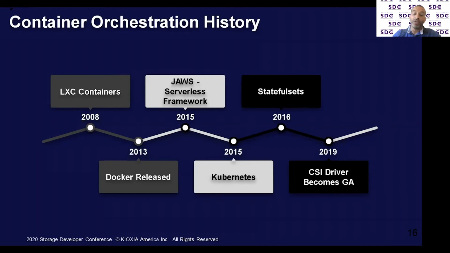And then we'll talk about what type of workloads are in Kubernetes. So in 2016, we saw stateful sets in Kubernetes. And in 2019, we saw CSI driver, which is container storage interface driver. It's a way you connect storage to containers. We'll talk about how it works.